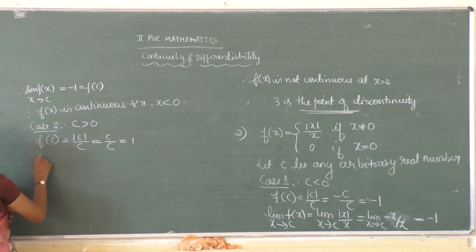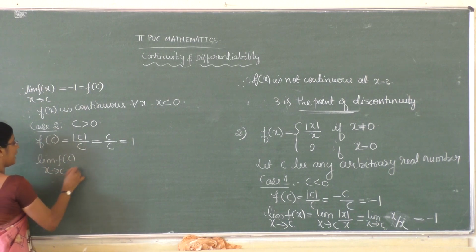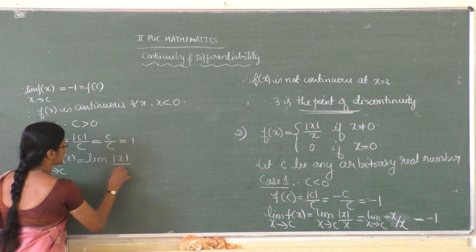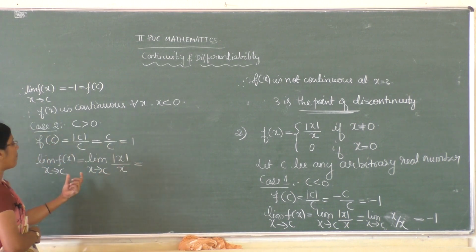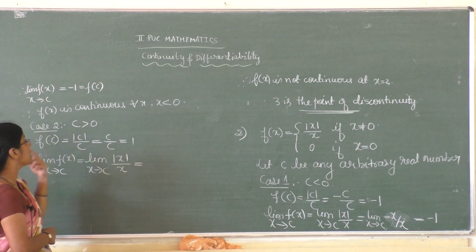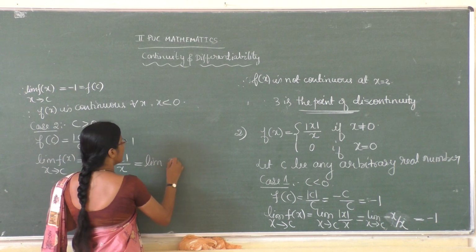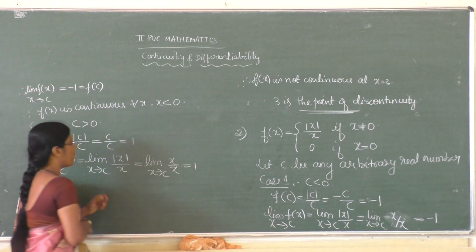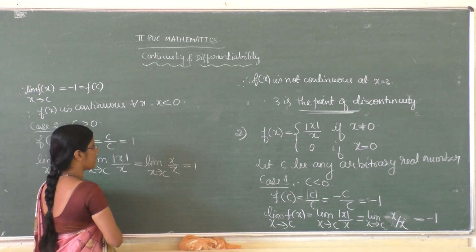Then limit of f of x as x tends to c equals limit of modulus of x by x as x tends to c. Because c is greater than 0, modulus of x becomes x, so it is x by x as x tends to c, and that equals 1.